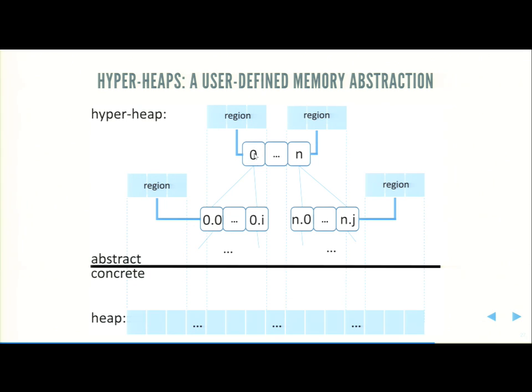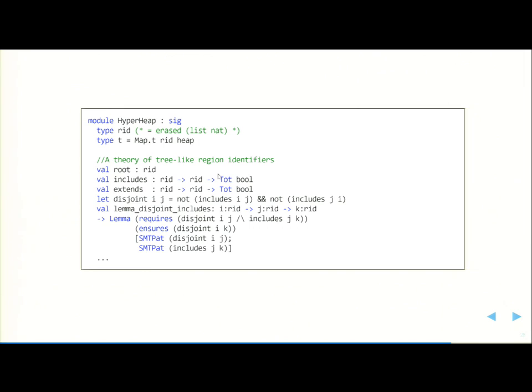So the region identifier 0 can be used to speak about ownership of all the regions in this subtree, for instance. So we overlaid this kind of hyper-heap structure on top of the vanilla flat heap.